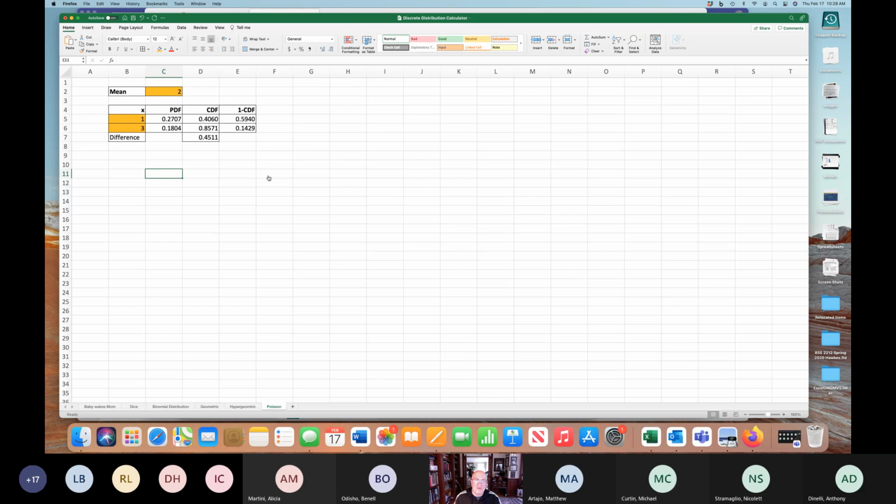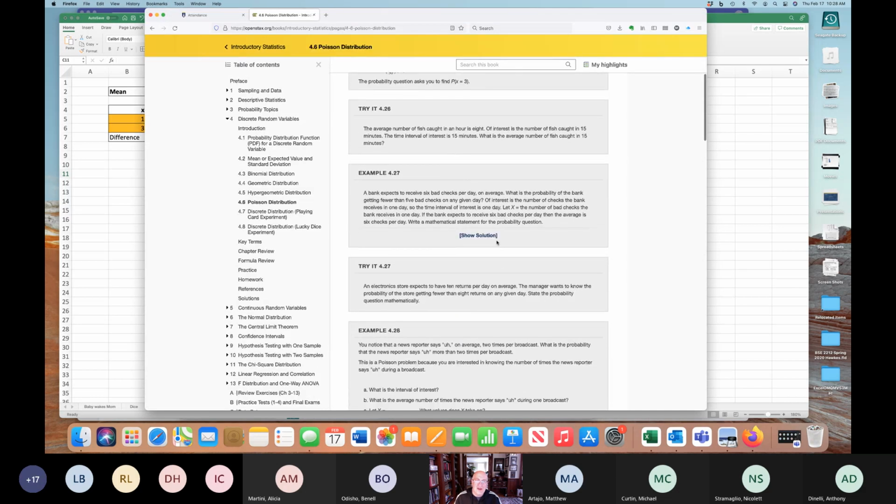Let's look at another problem here. The bank expects to receive 6 bad checks a day on average. What is the probability the bank gets fewer than 5 bad checks on a given day? Well, they didn't say we catch 8 fish an hour. Now we're interested in how many fish we catch in 15 minutes.